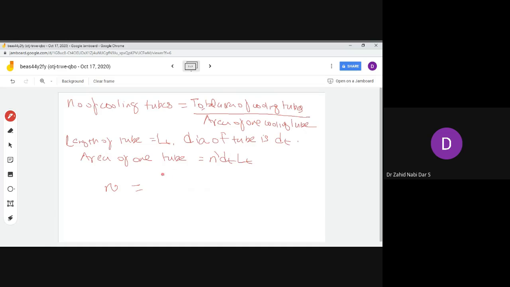So you can write the formula: 1 divided by 8.8 into pi plus pc, this is the total loss, divided by your temperature rise theta minus 12.5 st, close the bracket. Here you have pi dt lt, because this is the area of one cooling tube.